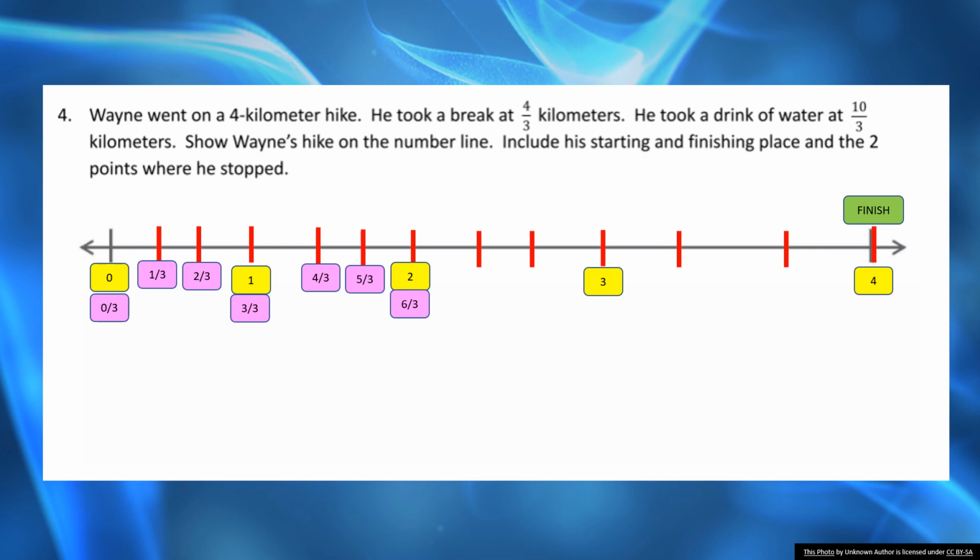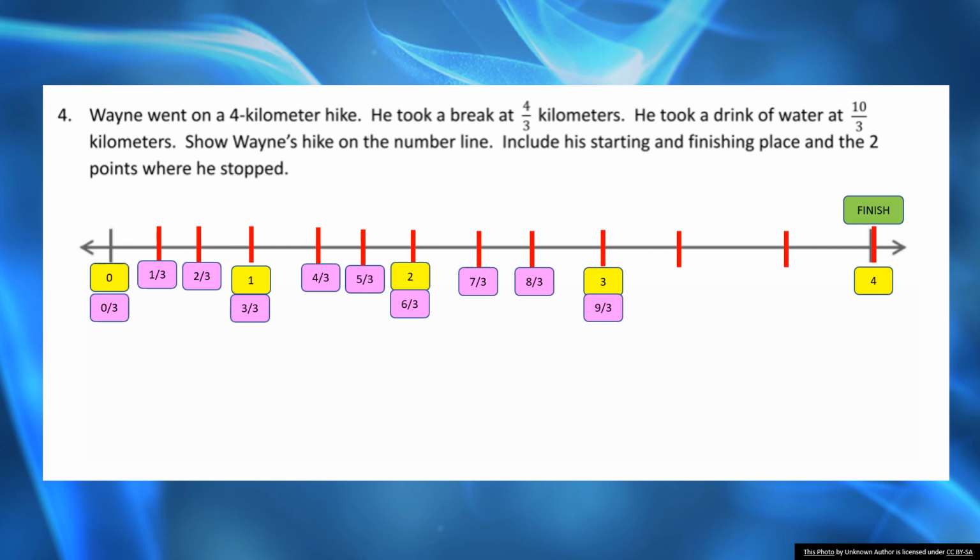We're not quite at the end of our number line, so we need to keep counting on. So after 6/3 would be 7/3, then 8/3, then 9/3. Now make sure you're writing 9/3 and boxing it in underneath the number 3, because 9/3 is equivalent or equal to 3. I know this because 9 divided by 3 is 3.